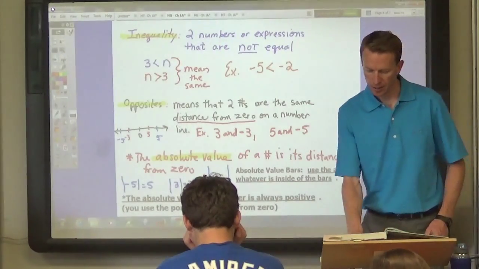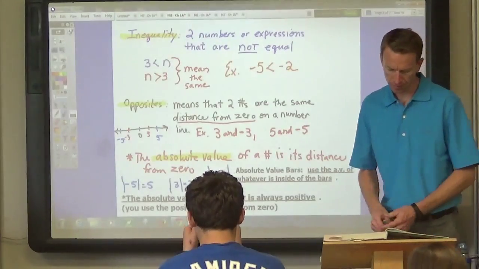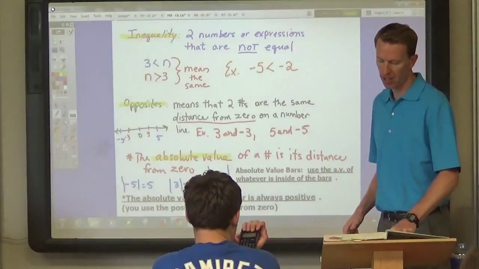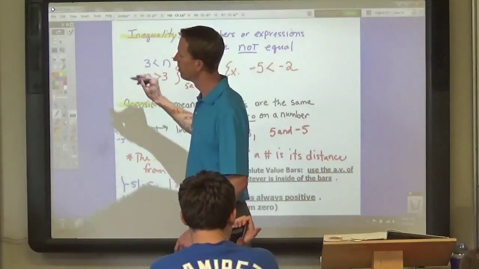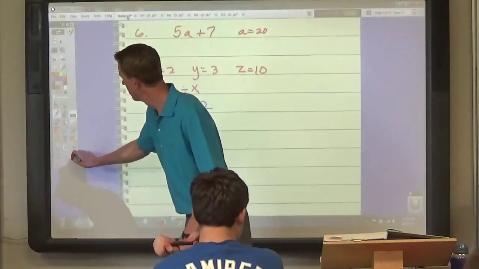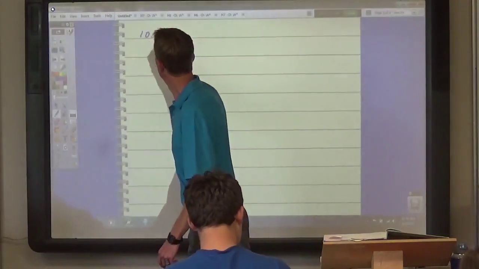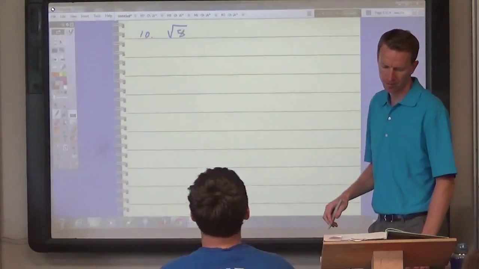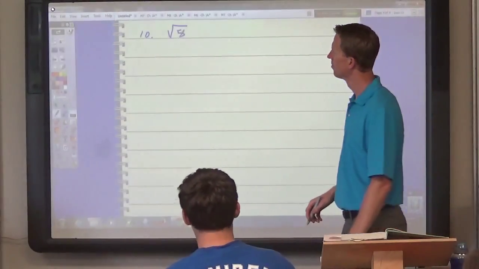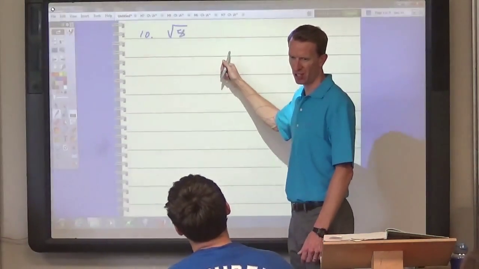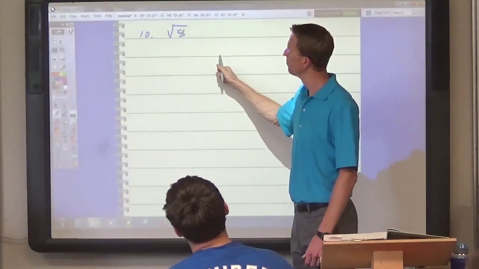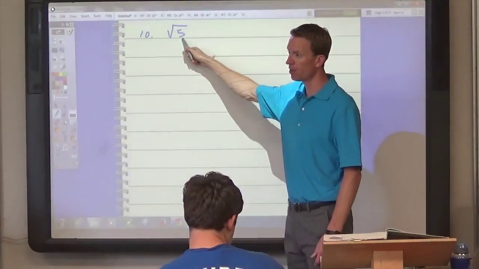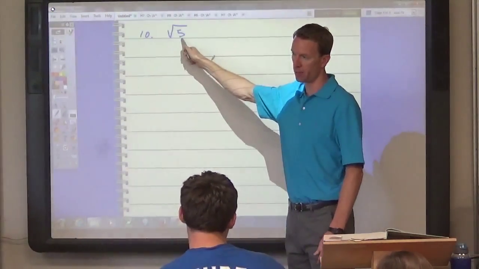So let's take a look at some from your assignment. How about number 10? The square root of 5. What type of number is that? Can that be written as a fraction? Well, square root means two numbers that are the same that you multiply together to get the number.